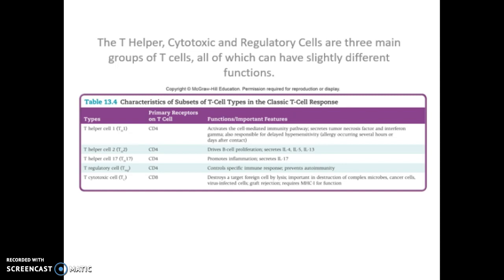Some of the immature stages, as the T cells are developing and maturing, will express both CD4 and CD8, and those are going to be called double positive T cells, but that's only in the adolescent years type of expression.